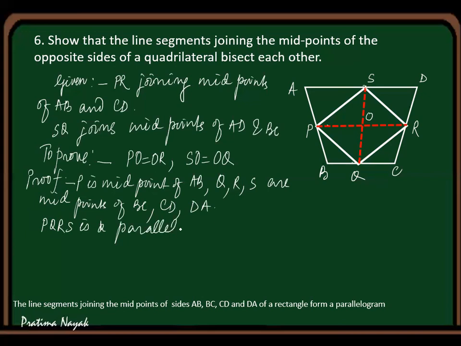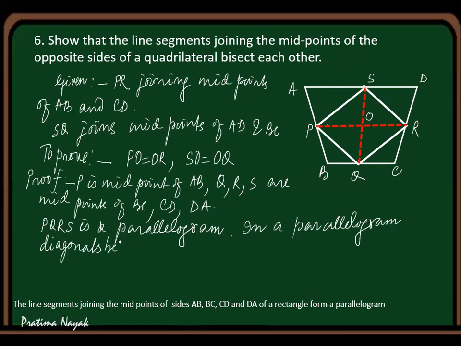When it is a parallelogram, we know that diagonals bisect each other. What are the diagonals here? Diagonals are SQ and PR. So PR and SQ bisect each other.